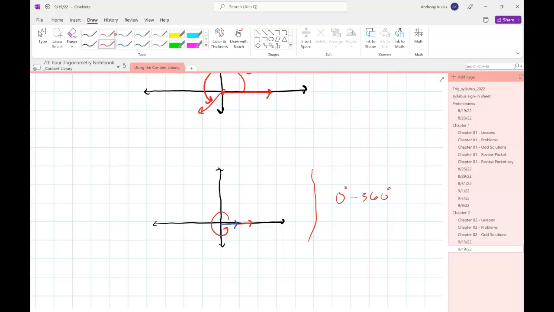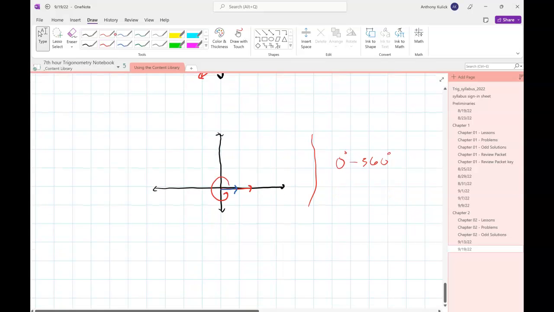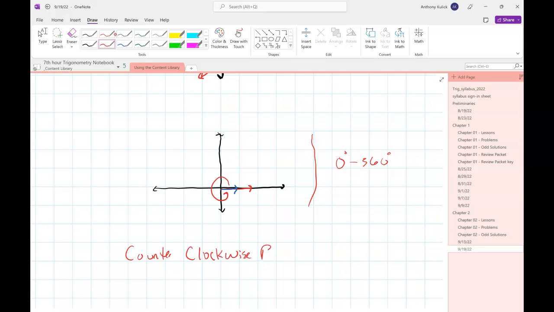That seem right? We can do more than that. Notice when I've drawn my angles, I've only gone counterclockwise, right? What do you suppose we can do if we're going the opposite direction, if we're going clockwise? Well, those are different angles, right?